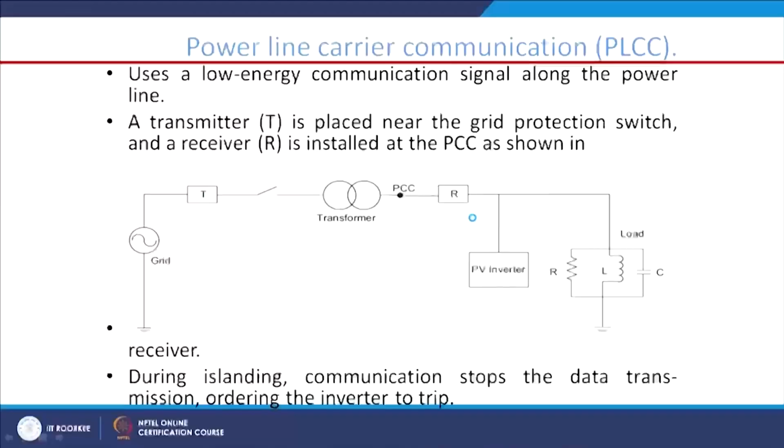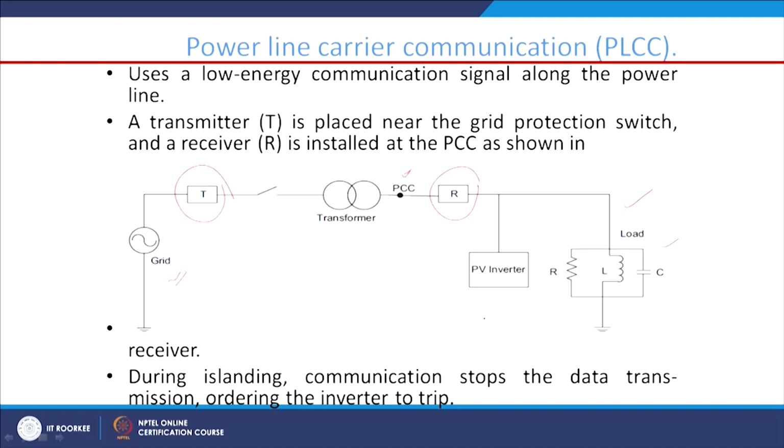Now, if we come to power line carrier communication, that is PLCC, the arrangement is shown in this figure. Here is our grid, and this T stands for transmitter, this R stands for receiver. This is our point of common coupling, and this is our transformer, the PV inverter and the load.